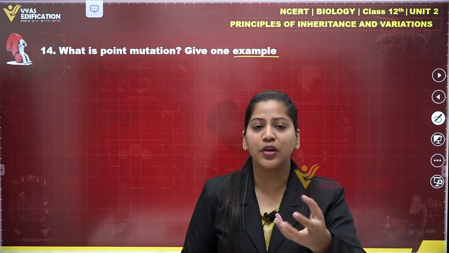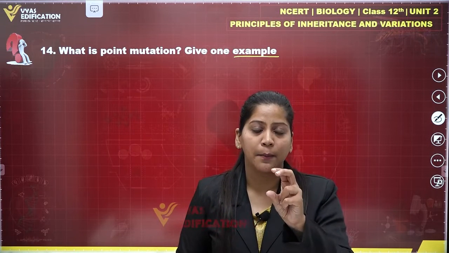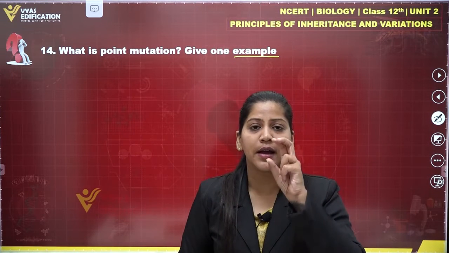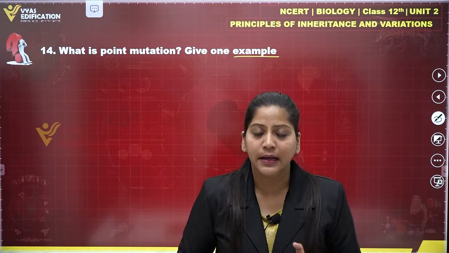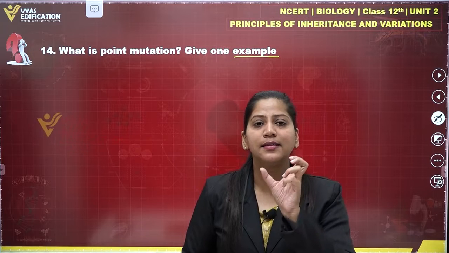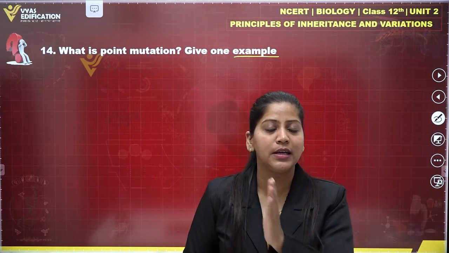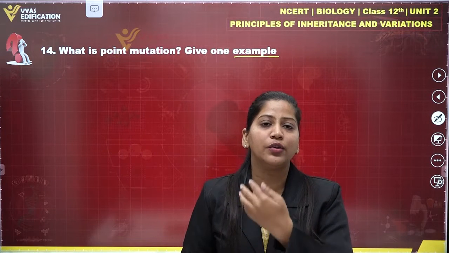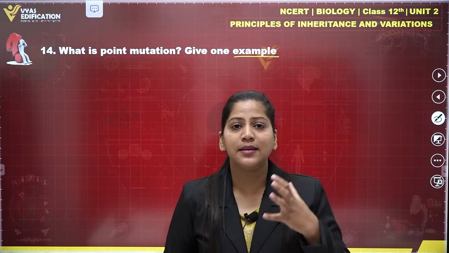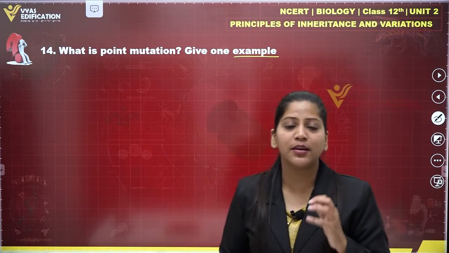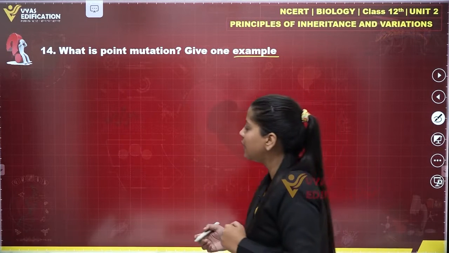The A between the G and G is interchanged by T, changing the codon into GTG, which codes for the amino acid valine. This valine is producing sickle cell anemia in an individual.